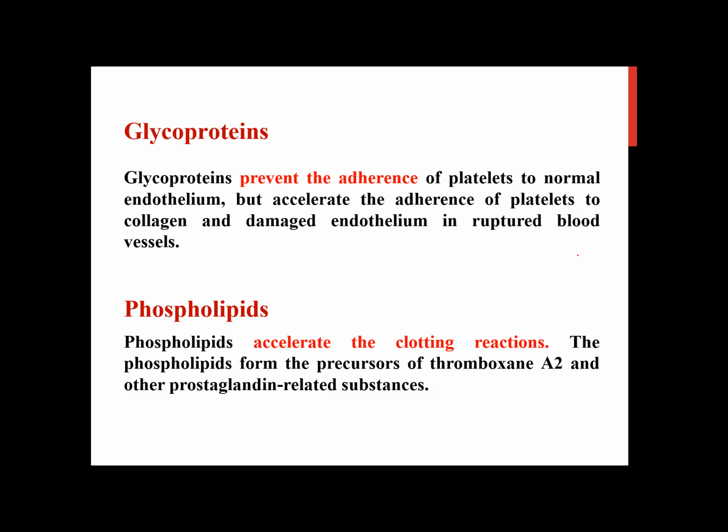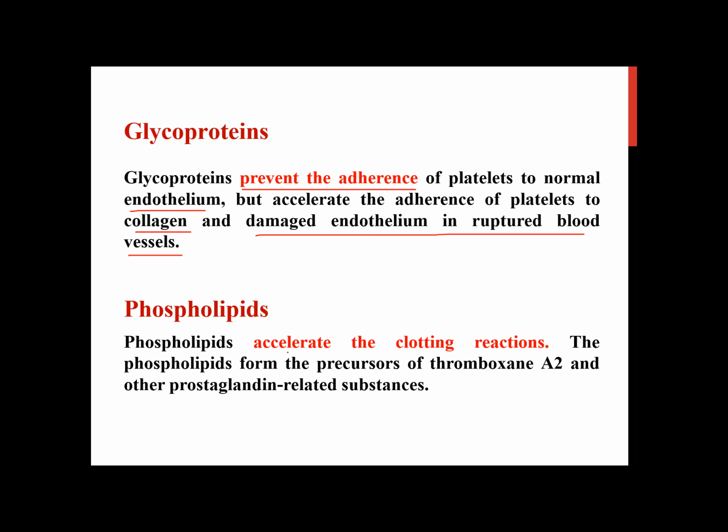Now, si glycoproteins nyo class, if the blood vessel is intact or not damaged, it prevents the adherence of platelets to normal endothelium. But it would accelerate the adherence of platelets to collagen and damaged endothelium in ruptured blood vessels. So ulitin ko, si glycoprotein prevents adherence kapag normal yung blood vessel. Pero kapag damaged yung blood vessel nyo, it accelerates adherence.